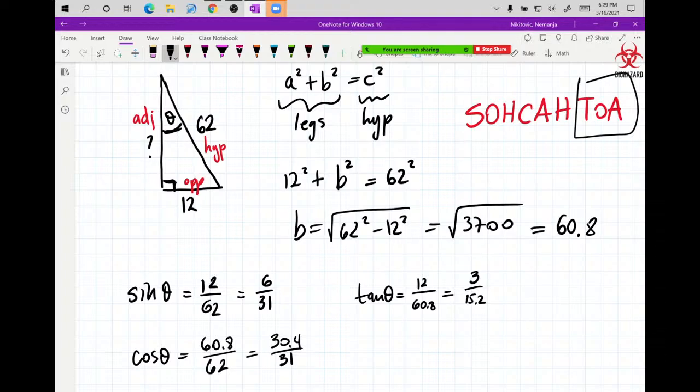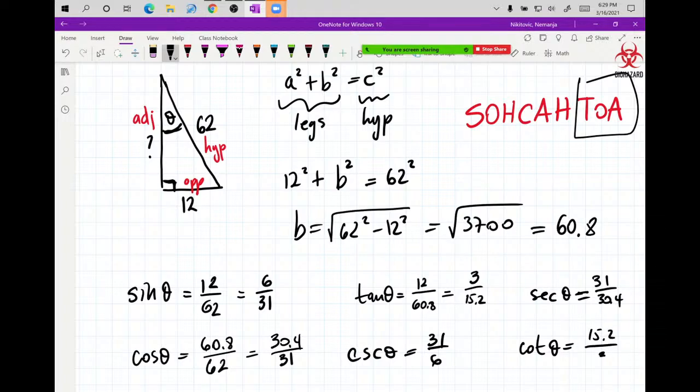And now for the other ones, you just do the flips. So cosecant theta is going to be 31 over 6. Secant theta is going to be 31 over 30.4 because they're just flips. And the cotangent theta is a flip of tangent, which is 15.2 divided by 3.